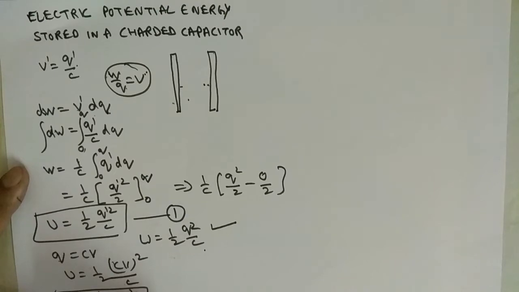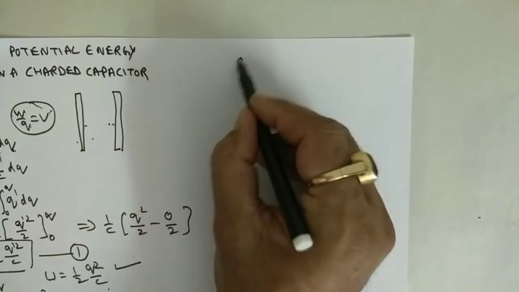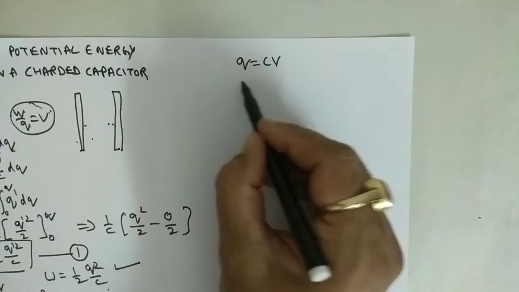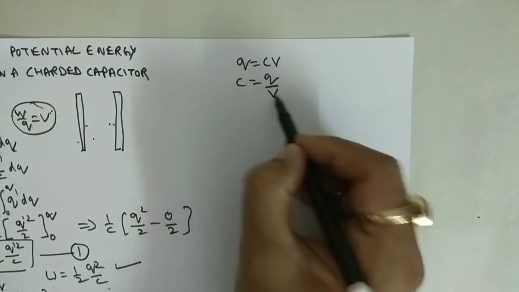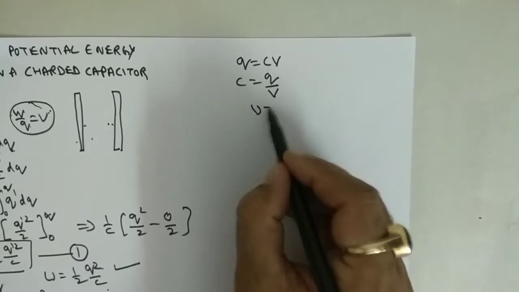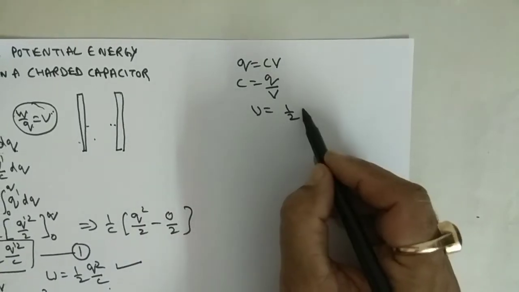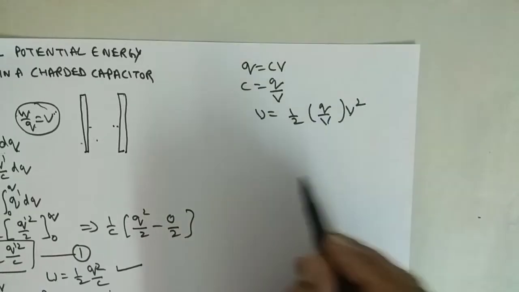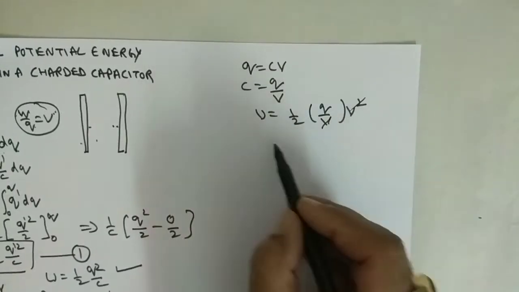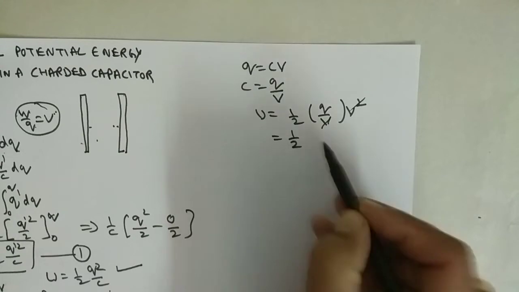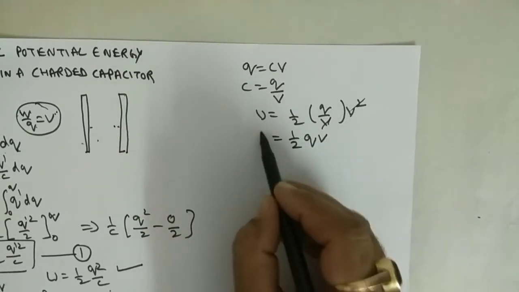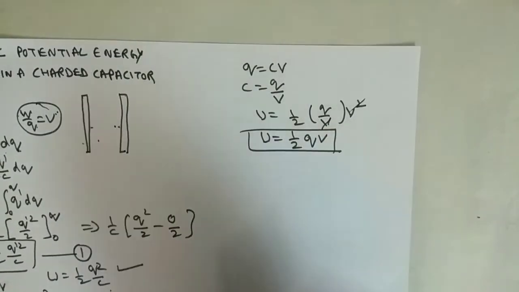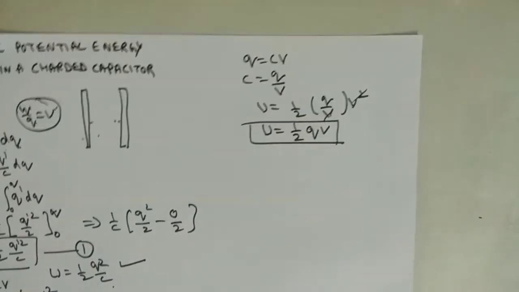See another formula: we know Q is equal to CV, or C is equal to Q upon V. If we put this in half CV square, with C as Q upon V, one V is cancelled, so we write half QV. This is another form of the potential energy.